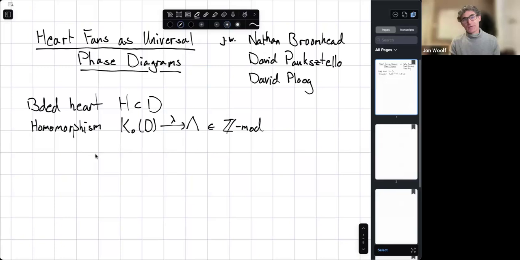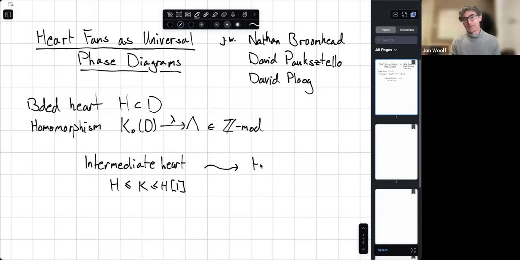Okay, so when we start with this data, what we can do is associate to any intermediate heart, I mean some heart K with respect to H, which is between H and its shift by 1, what we call a heart cone.